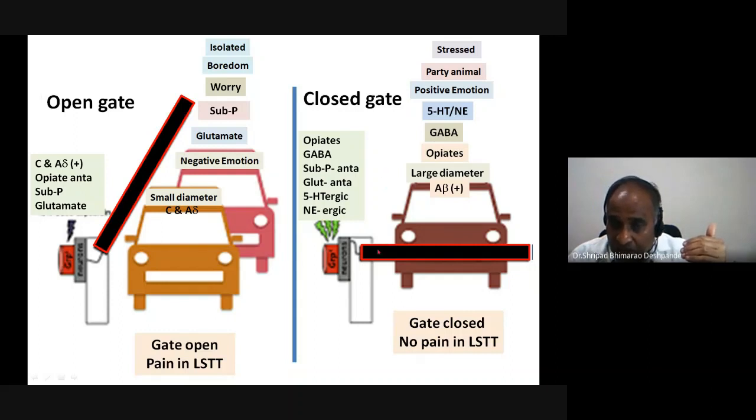That would, through either the serotonergic or norepinephrinergic pathway, increase the opiate activity and close the gate. In brief, I have given the gate control theory in this lecture.